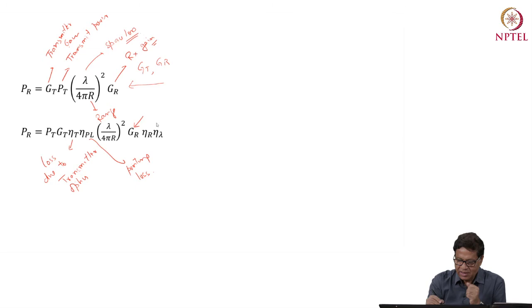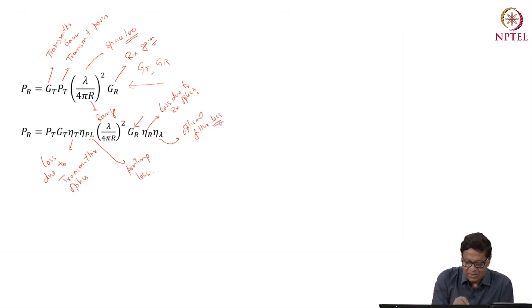And then you have the eta R, this is the loss due to receiver optics, or at the receiver. And this loss could be because of the optical filter, which you might be using in the receiver. So optical filter loss or gain depending upon what it does, right?